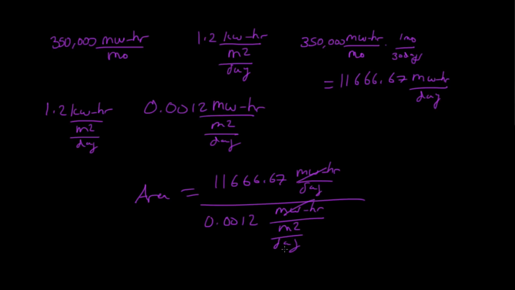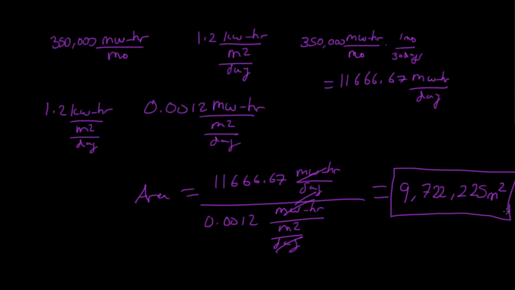That cancels with that. That cancels with that. And I'm left with 9 million? Oh, that's a weird looking 9. 9,722,225 meters squared. That's how much area would be required to power El Paso.